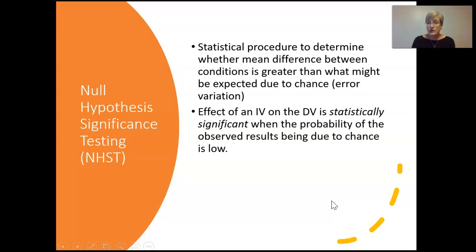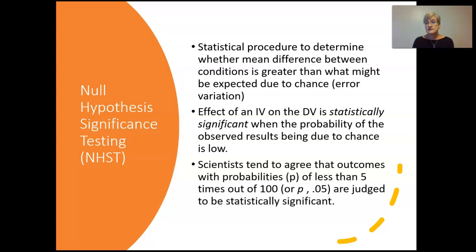We want to set the bar pretty high for ourselves to declare an effect statistically significant. This is like the standard in our field: we want to be able to say that 95% of the time we can count on our declaration of statistical significance and the finding that we've described as being true, as being real, if you will.